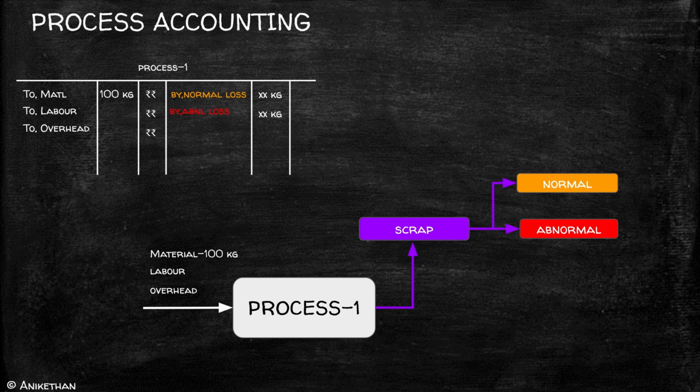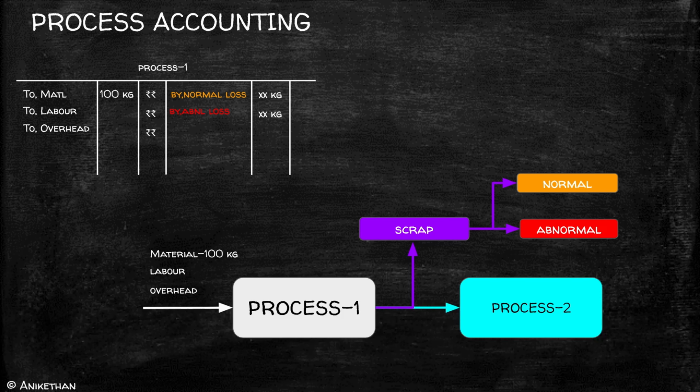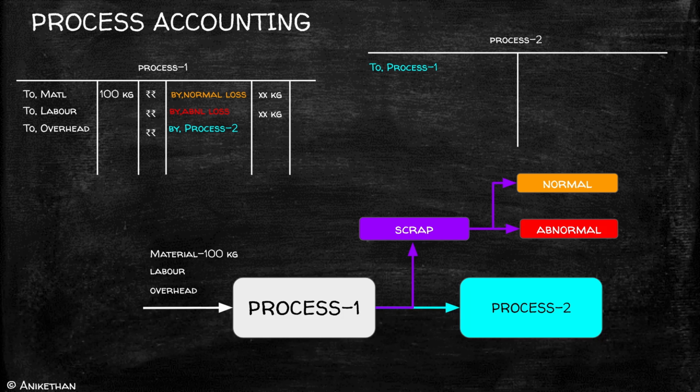Then comes my output, which is going to the next process. This I will record as by process 2. Similarly, the matching entry for this will be in the process 2 account, and that will come as to process 1 on the debit side. And if there is a closing WIP, I'll record it as by closing WIP.